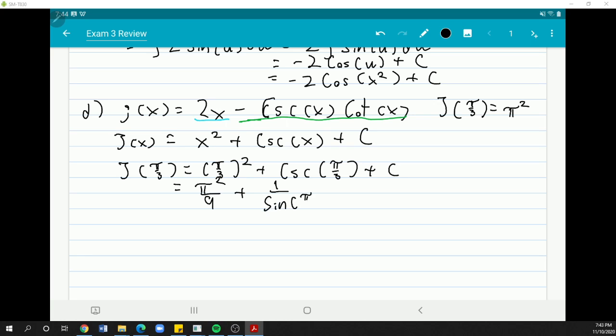So 1 over sine pi over 3. So this is equal to pi squared over 9 plus 1 over sine of pi over 3, and sine of pi over 3 by the unit circle is root 3 over 2. And I haven't been writing my plus c.